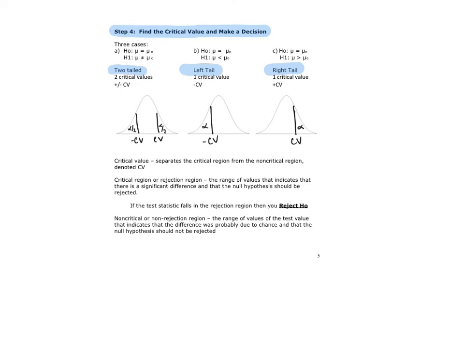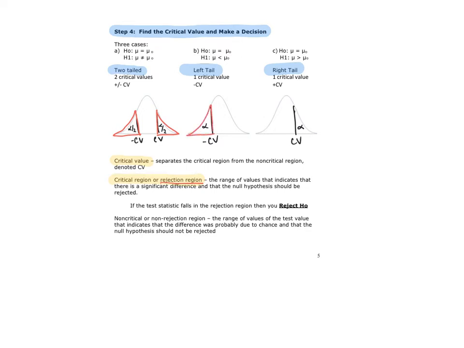Now let's define these terms a little bit more. The critical value is the number that separates the critical region from the non-critical region. The critical region, which is more often referred to as our rejection region, is the range of values that indicates that there's a significant difference and that our null hypothesis should be rejected. If we're looking at our graphs, our rejection regions are those tails. We have two tails in a two-tailed test, so two areas make up the rejection region.